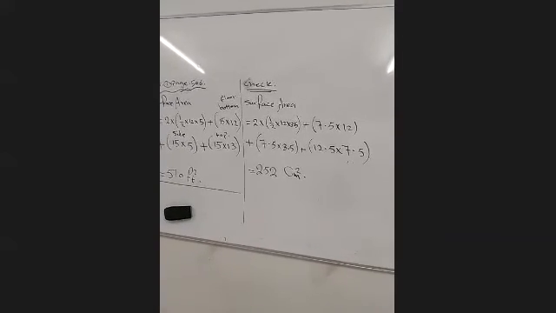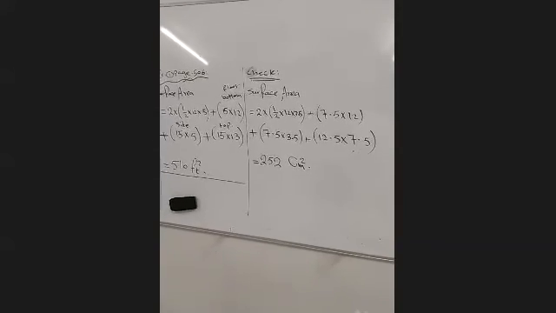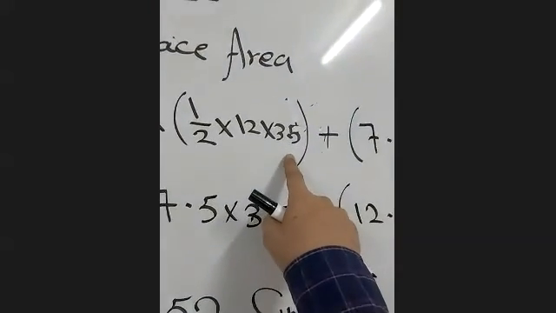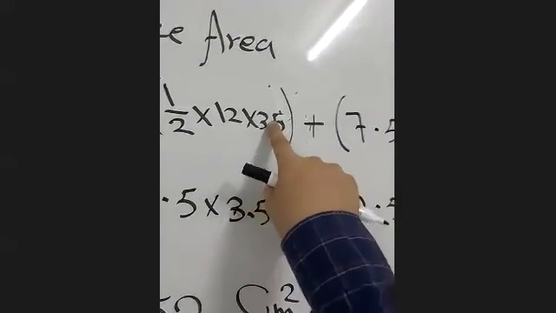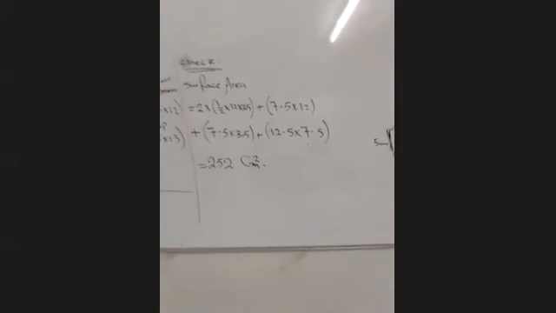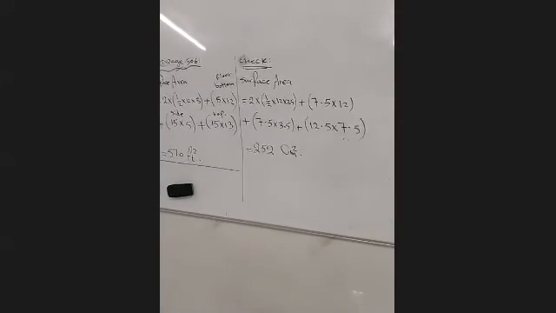You write half multiply 12 multiply... You wrote 35 not 3 point. I don't understand you. This one is 3.5 not 35. Do you see the point? Any other questions?